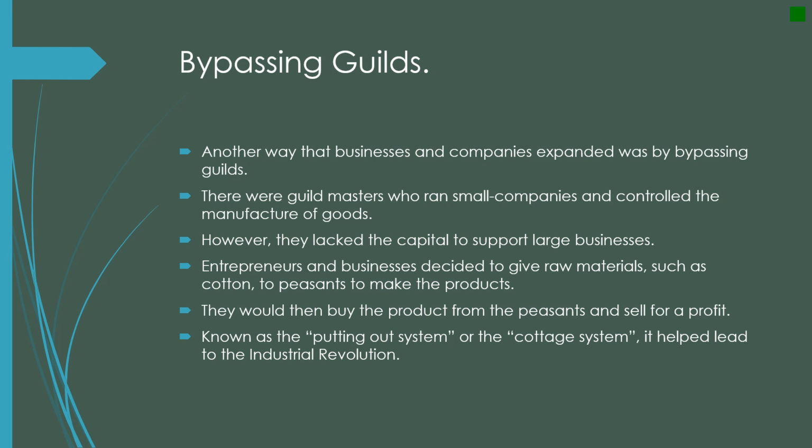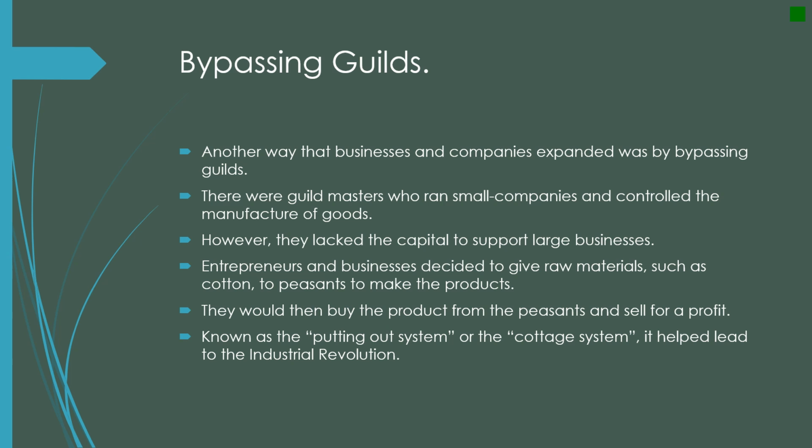So, bypassing guilds. Another way that businesses and companies expanded was by bypassing guilds. Guilds were small organizations, typically run by guild masters who ran small companies and controlled the manufacturing of goods. However, these guilds lacked the capital to support large businesses, so entrepreneurs decided to give raw materials, such as cotton, to peasants to make the products.